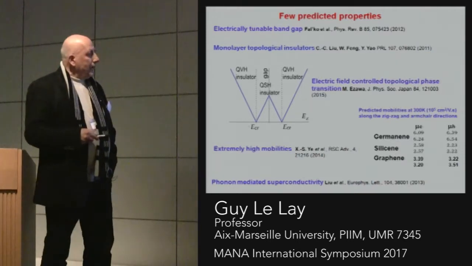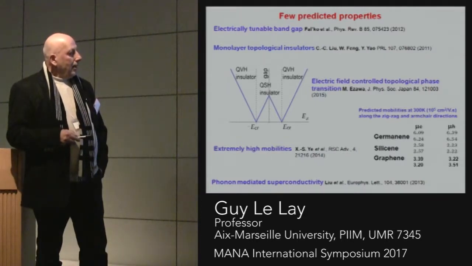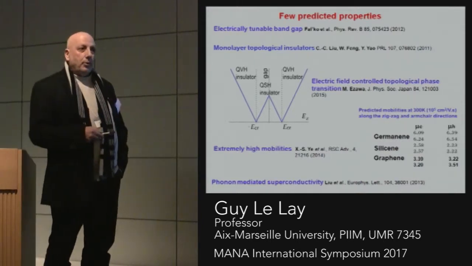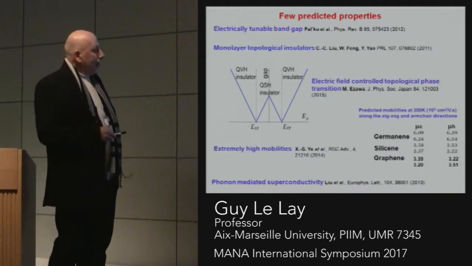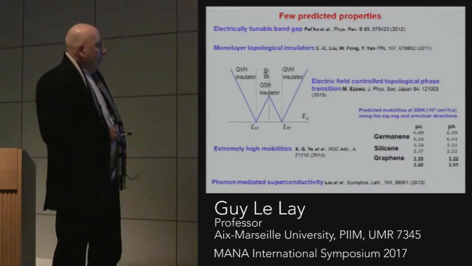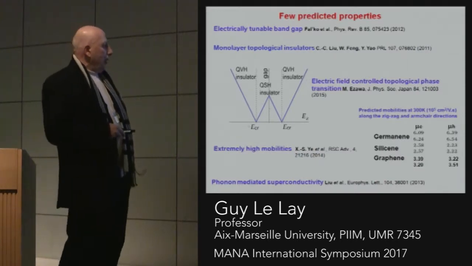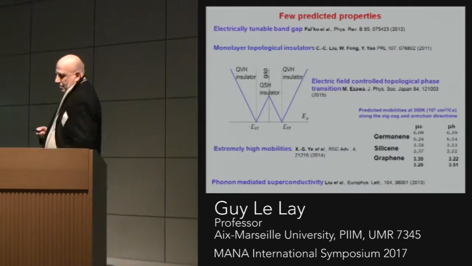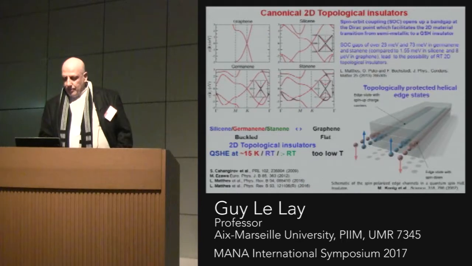If you compare with graphene, for example, you see that the hole mobility for germanene is higher than for graphene. Indeed, all this is for freestanding. I forgot to mention there are also other predictions for superconductivity and other mechanisms, possibly of rather high Tc, but this remains to be proved.